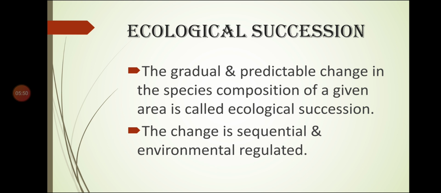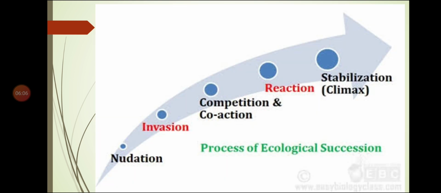The change is sequential and environmentally regulated. All these changes that occur are sequential, that means they take place one after another, and they are controlled by the environment. Now we will study the process of ecological succession.